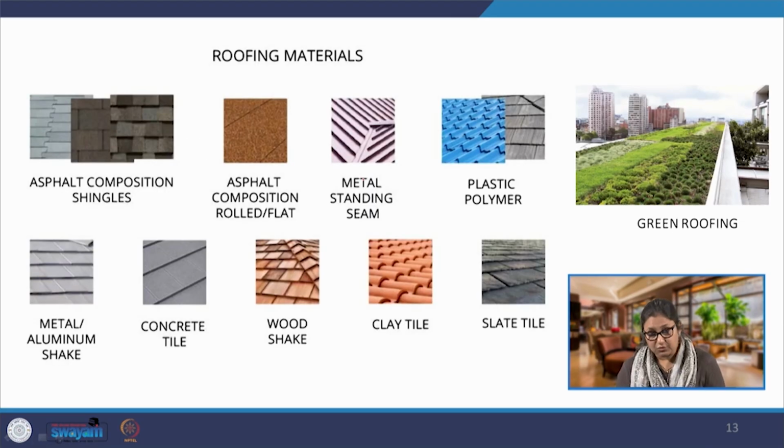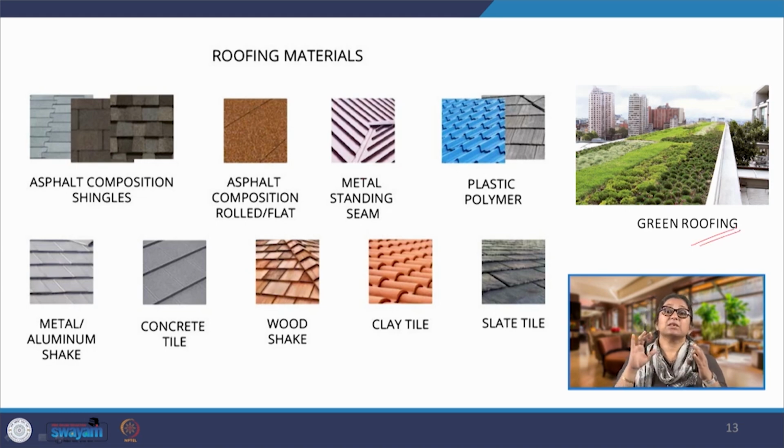Now, if you look at roof materials, the materials that I am discussing here are mainly the sheeting over sloping roofs. If we are talking about flat roofs, again we have concrete as the base material. On top of that, we will have different types of roofing materials used as sheeting, and we are comparing with that, plus we also have the green roof.